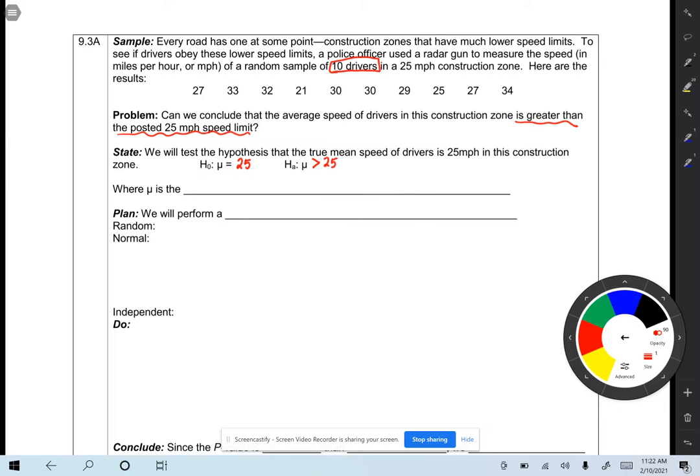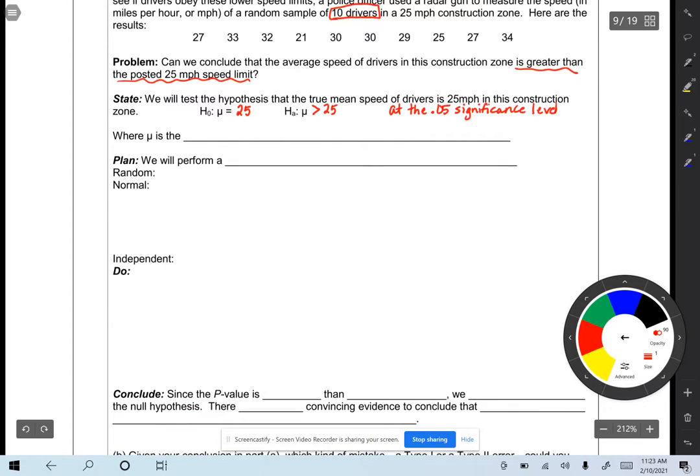And then also we need to put, because I didn't, the 0.05 significance level. It wasn't given to us, but we want to use that. Where mu is the mean speed of drivers in the construction zone.